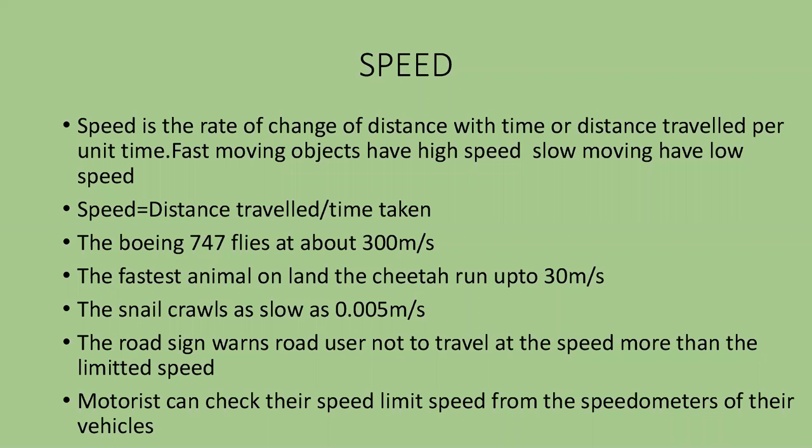In 1 second, it can move only 0.005 meter. Is it clear? Once again, the snail is the slowest animal on the land and it creeps with a speed of about 0.005 meter in a second. I think it must be clear now.